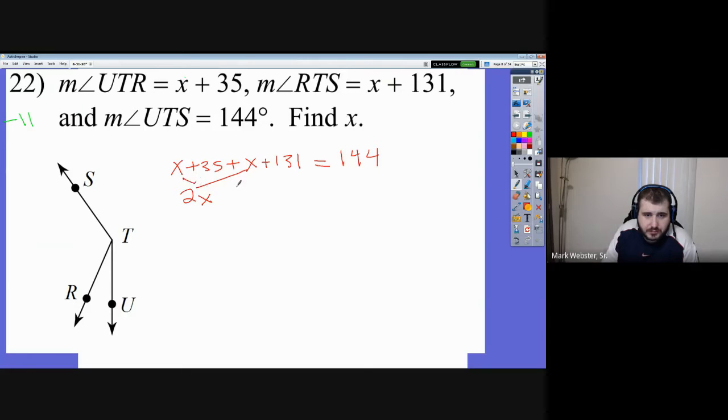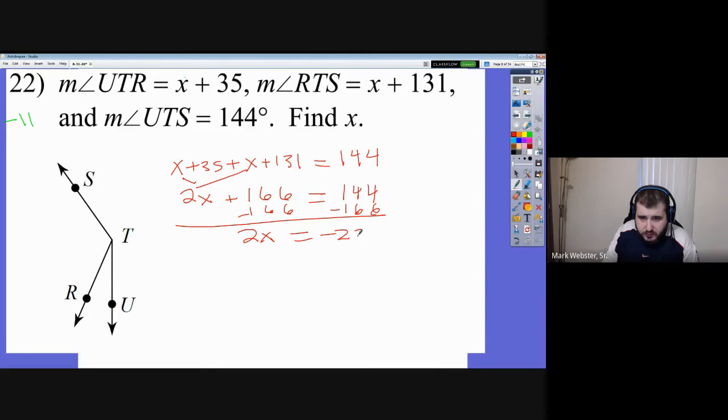The two x's add up to 2x. 35 and 131 had better be 166. We're going to subtract the 166 over, leaving us with 2x equals negative 22. Divide both sides by 2, and we better get negative 11.